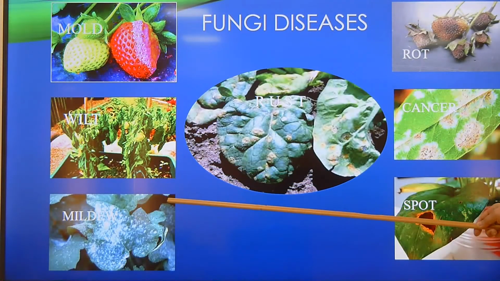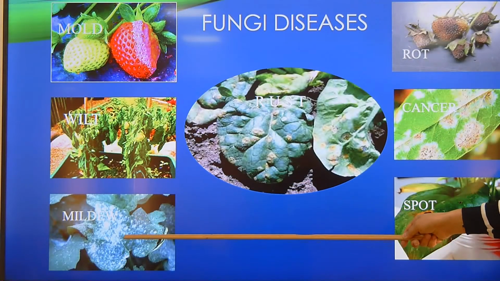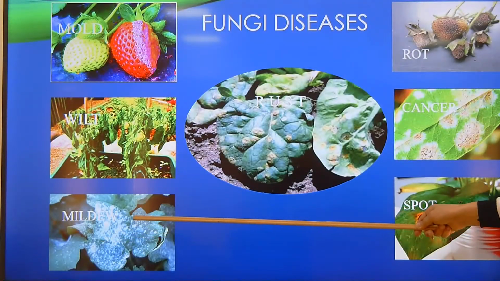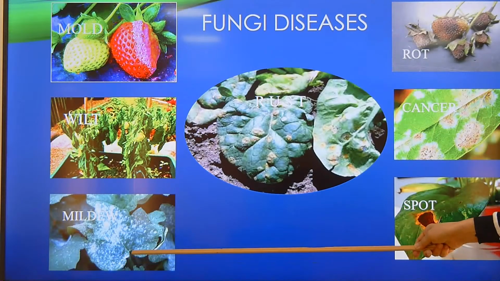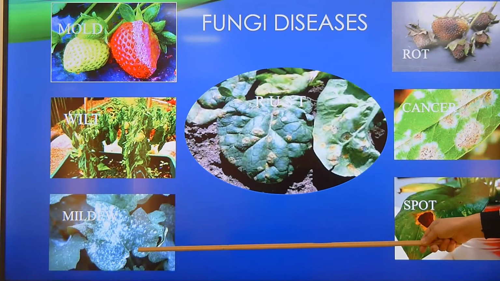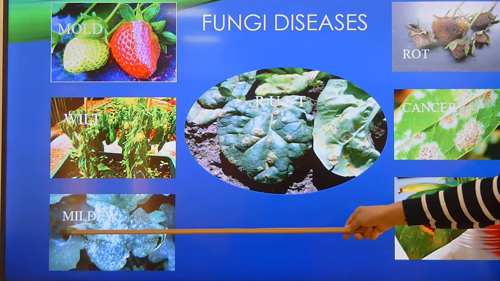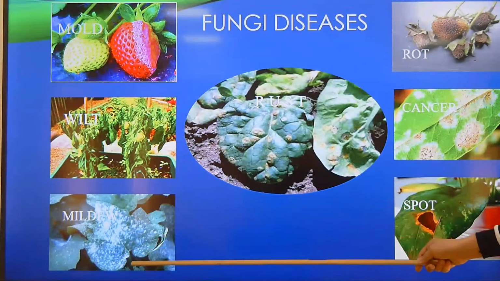Mildew. Mildew is a fungal disease that affects a wide range of plants. Infected plants display white powdery spots on the leaves and stems. The lower leaves are the most affected, but the mildew can appear on any above ground parts of the plant.